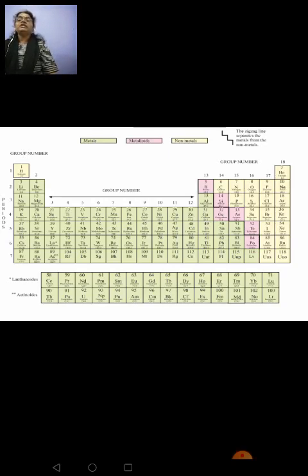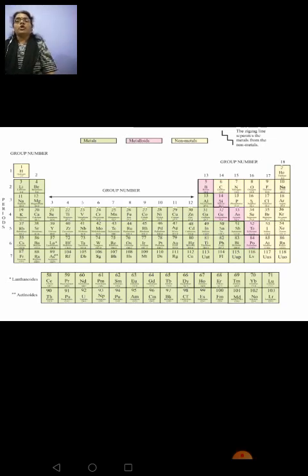When you look at the numbers mentioned above the chemical symbols of these elements, above H, above He, above Li, you will find these numbers. Above H it is 1, above He it is 2, above Li it is 3, above Be it is 4. Those numbers are nothing but the atomic numbers. Therefore, in the modern periodic table, the elements are arranged in the increasing order of their atomic numbers.